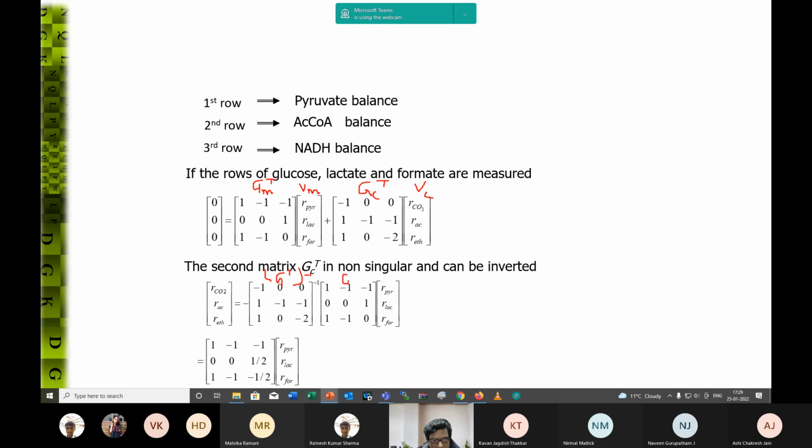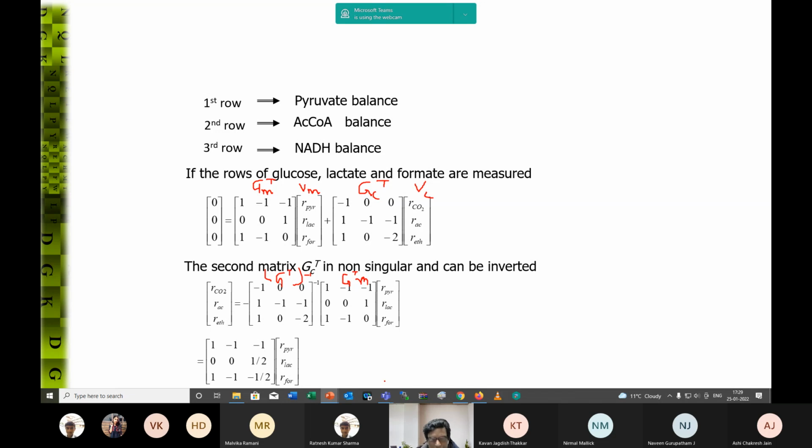Okay, and this is GC. No, this is GM, sorry, GMT. If that is the notation I used, I don't know what notation I used two slides ago. Anyway, this is transpose. So you take the transpose, then multiply it out, and then you get this.